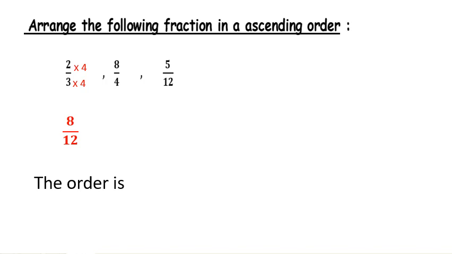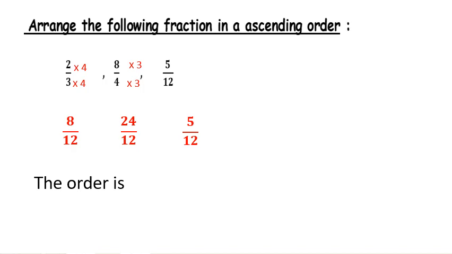The next one, which is 8 out of 4. I want 4 to be 12. How can I do it? I will multiply 4 by 3. As I do in the denominator, I will do in the numerator. I will multiply 8 by 3 also. The fraction will be 8 multiply 3, it will be 24, and 4 multiply 3, it will be 12. And the last one, which is 5 out of 12, will stay as it is, 5 out of 12.